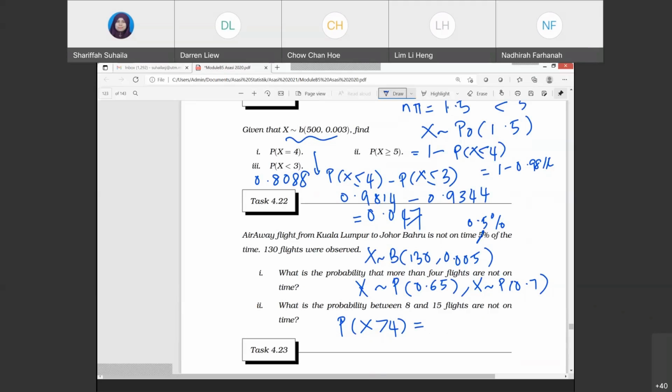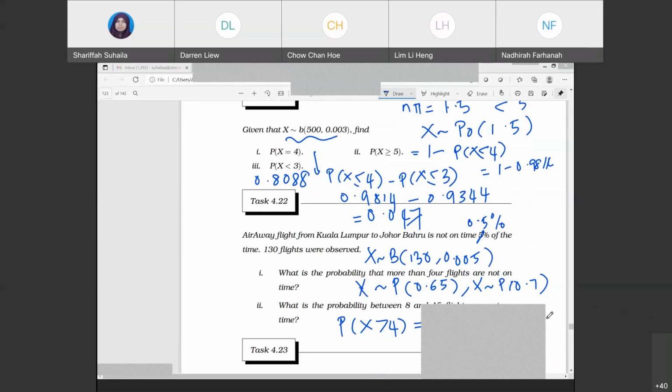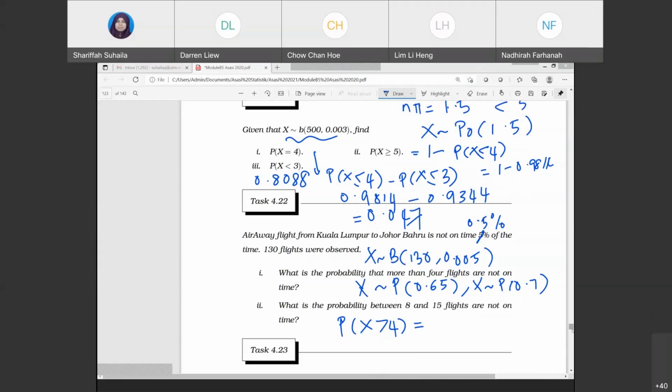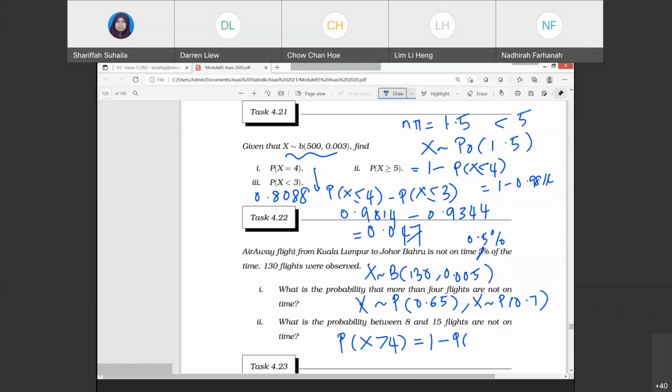Okay. Dapat apa jawapan dia? 0.0008. Okay, sure dah. Thank you. So again, you will have, I use lambda 0.7, 1 minus probability X less than or equals to 4.